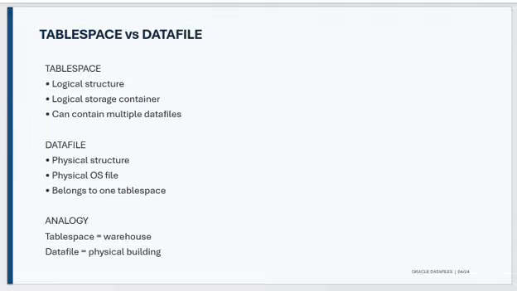The company sees one logical warehouse. Physically, there are three buildings. In Oracle, it is the same scenario. A tablespace is a logical warehouse, and data files are physical buildings. This analogy will help us understand many Oracle storage concepts later.